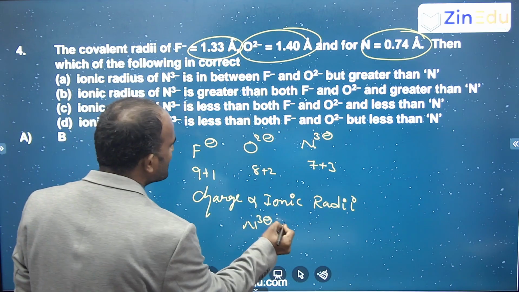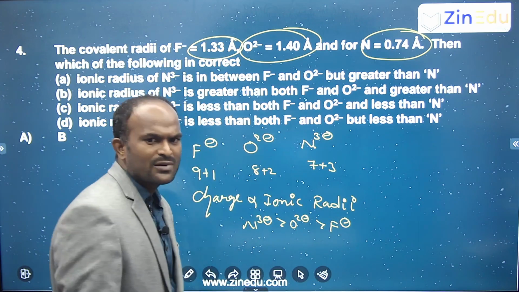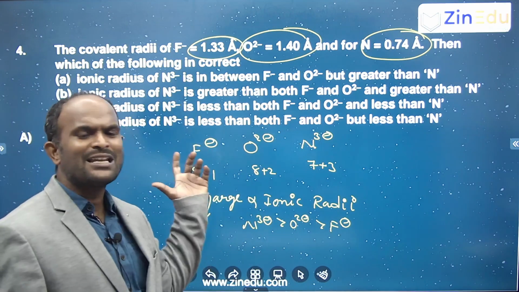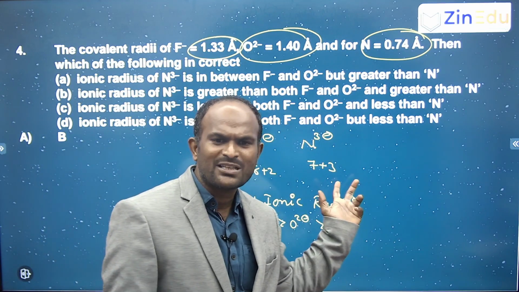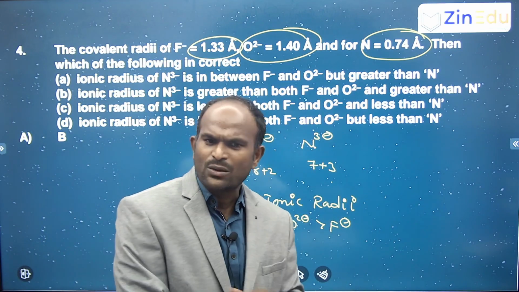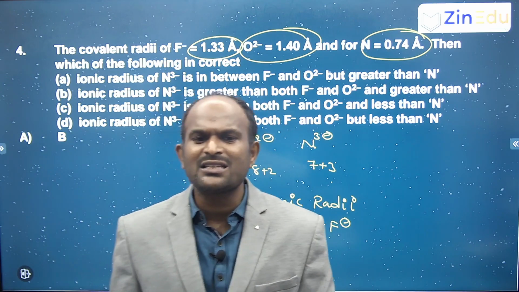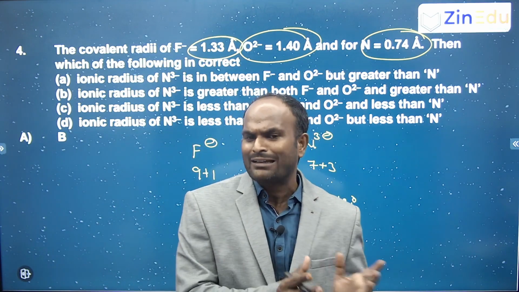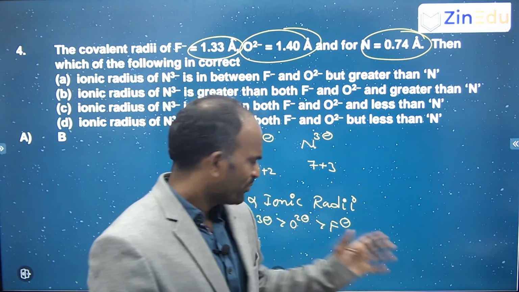N3 minus is greater than O2 minus is greater than F minus. As simple as that. Previously in shift 1 they gave it based on cations; in shift 2 they have given it on the basis of anions. That is the only difference. Everything else is quite simple, and this is a very frequently attempted topic for JEE Mains. So be careful.